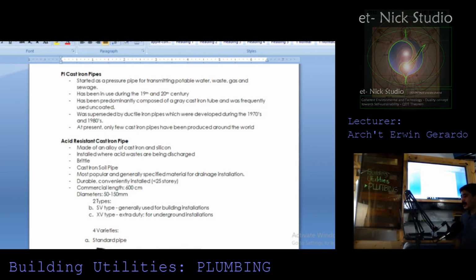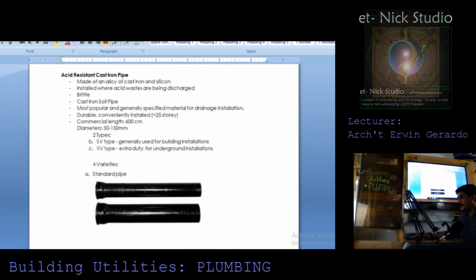Was superseded by ductile iron pipes, which were developed during the 1970s and 1980s. At present, only few cast iron pipes have been produced around the world. Acid resistance cast iron pipe, made of an alloy of cast iron and silicon, installed where acid waste are being discharged.